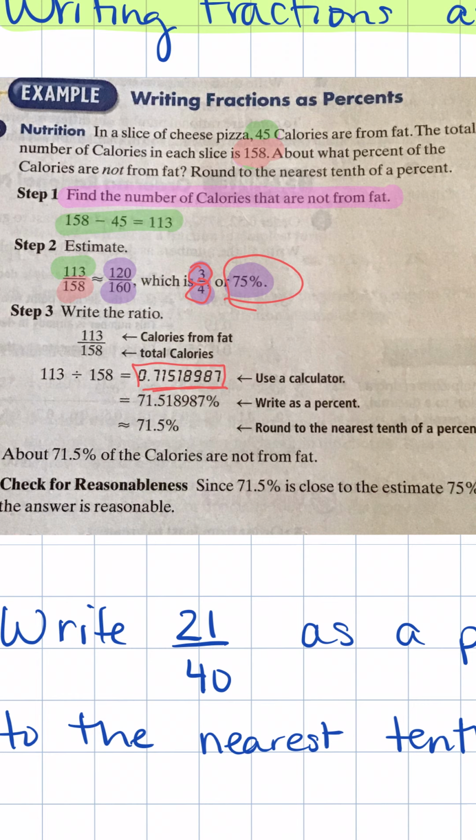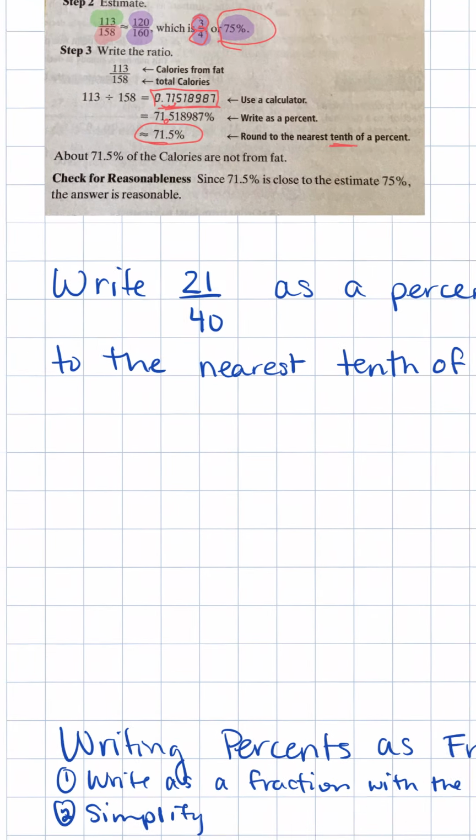To write it as a percent, we move the decimal point over 2 places. That's what happened here. And then round to the nearest tenth of a percent. So that equals 71.5%. So about 71.5% of the calories are not from fat. Is that reasonable? Yes. 71.5 is pretty close to 75.